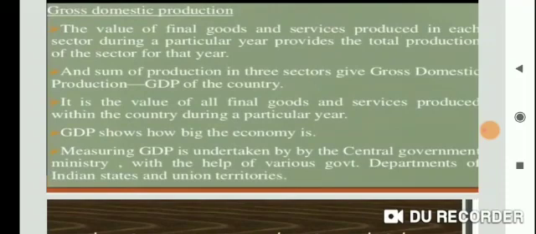Very important, GDP, student, because it is the value of all final goods and services produced within the country during a particular year. And the sum of production in the three sectors gives the GDP of the country.